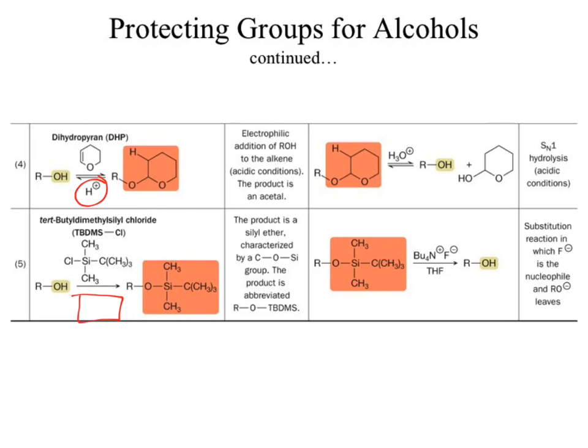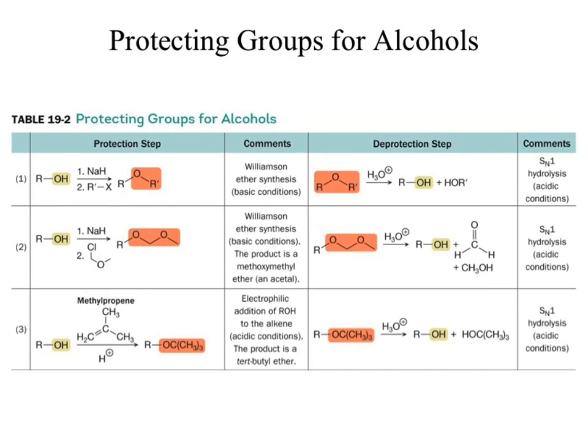So changing the conditions under which you put the protecting group on could have an effect on the rest of your structure. Because remember, the only reason you're using protecting groups is because you have a crap ton of functional groups. Each of those functional groups has their chemistries that could potentially affect one another.